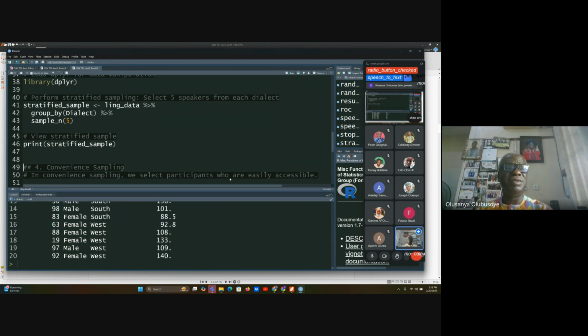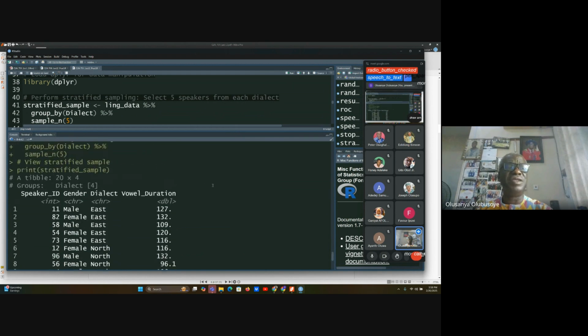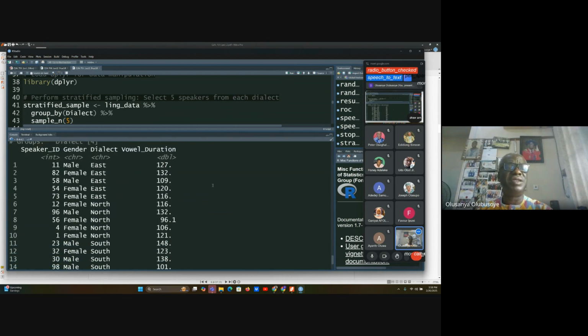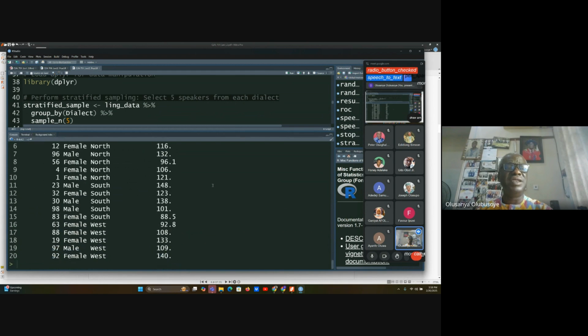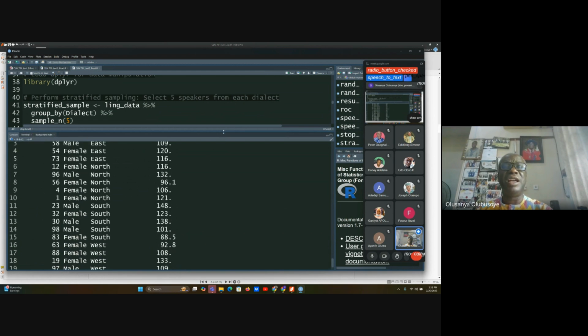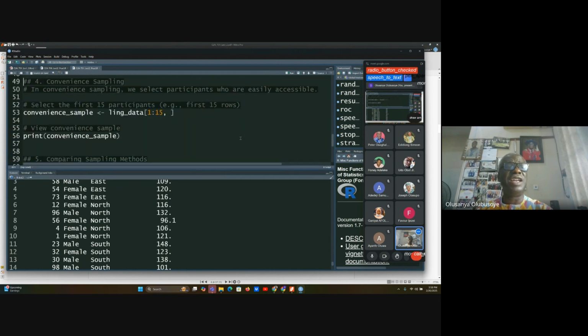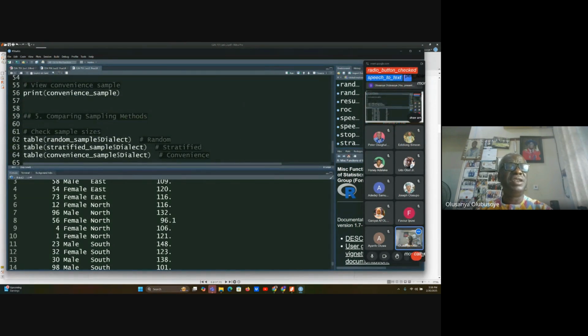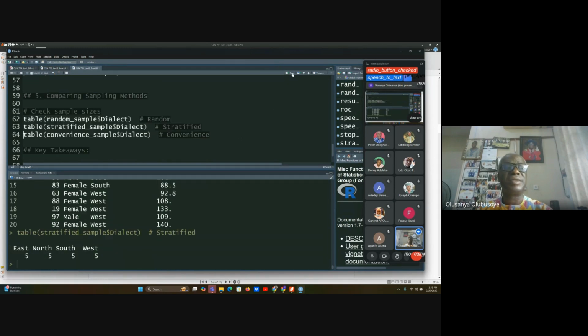These are the 20 selected. We can see whether the groups are fairly represented. If I run this line, you can see East dialect 5, North dialect 5, South dialect 5, West dialect 5.